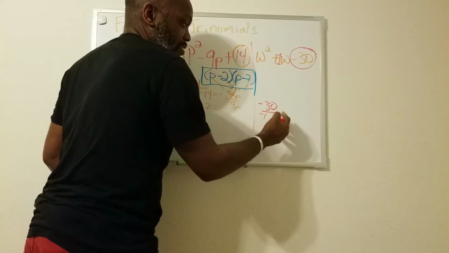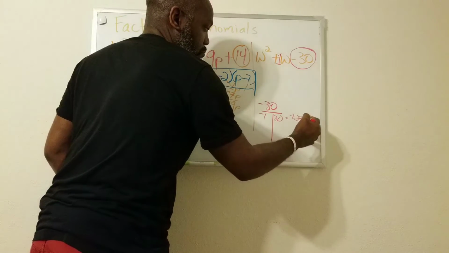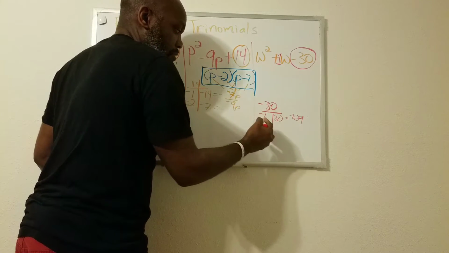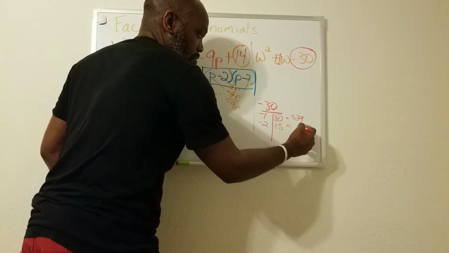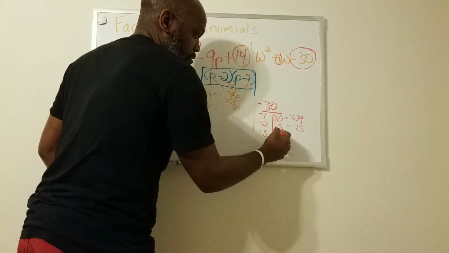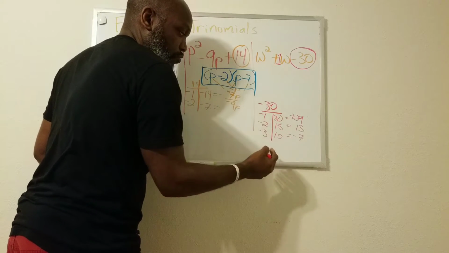If I add that together, that's going to give me positive 29. But that's a high number. So let me think about trying negative 2 and 15. Add that together, gives me a positive 13. Negative 3 and 10 gives me negative 7. So I'm getting closer.